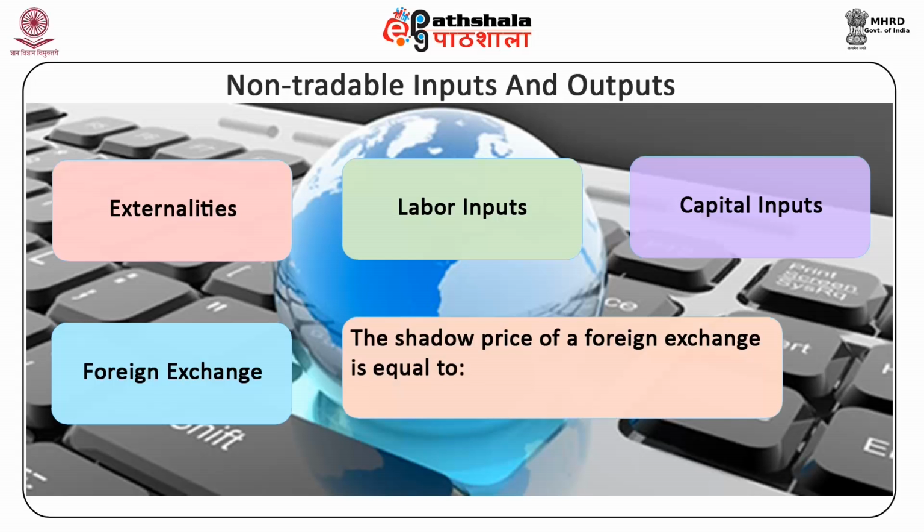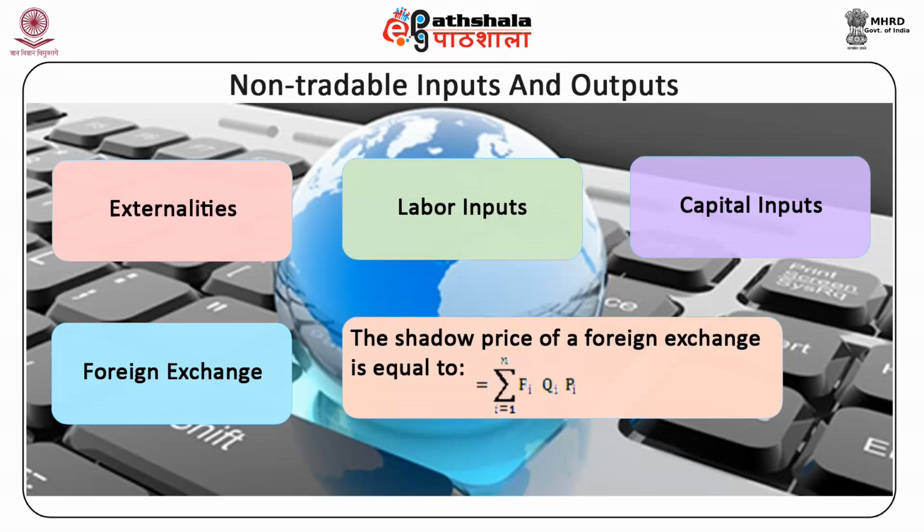The shadow price of foreign exchange is equal to the summation, i goes from 1 to n, of Fi into Qi into Pi, where Fi stands for the fraction of foreign exchange at the margin spent on importing commodity i, Qi represents the quantity of commodity i that can be bought with a unit of foreign exchange, and Pi stands for the domestic market clearing price of the commodity.